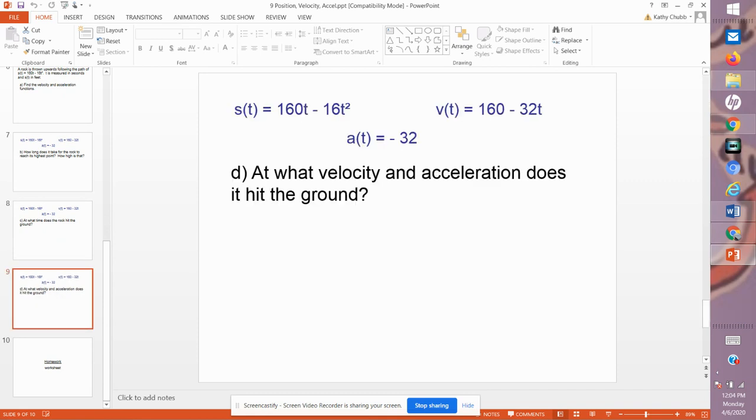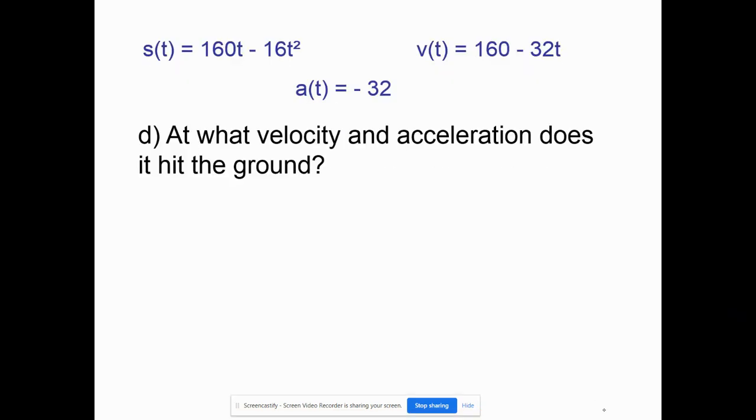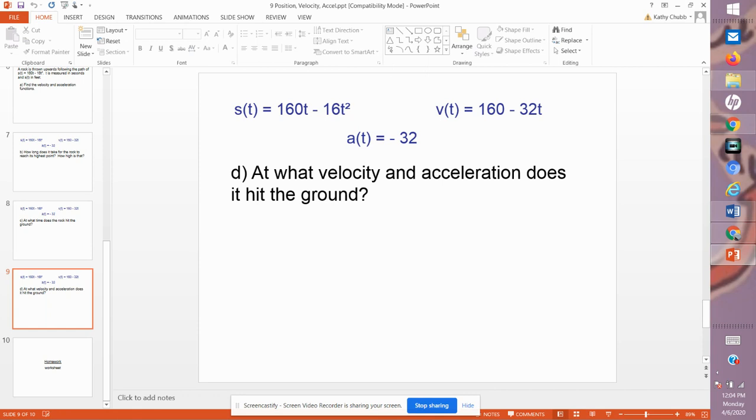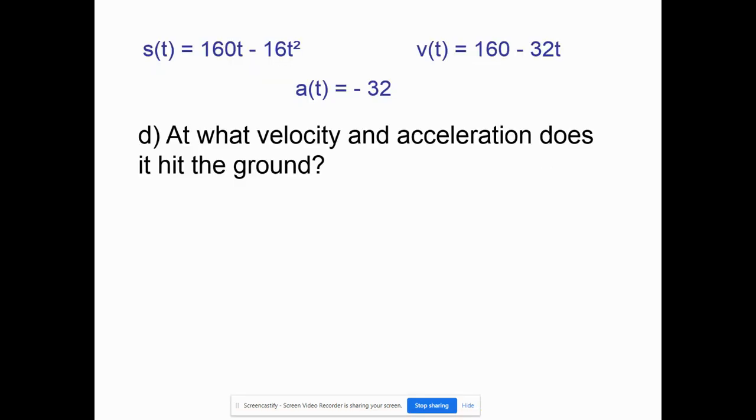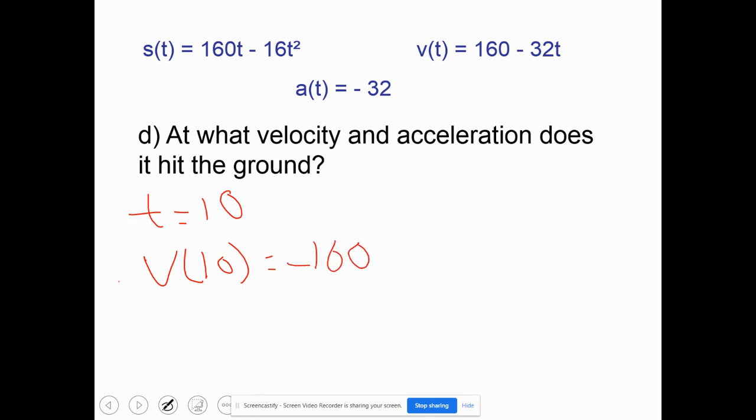We'll come back here. So when t equals 10, it hits the ground. The velocity at 10, if you plug a 10 in there, you end up getting negative 160. And that is feet per second. And that should make sense.